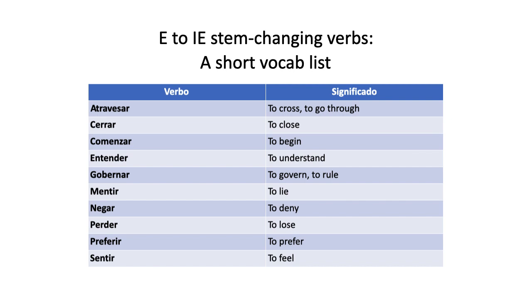Probably more important even than the specific rule for this group of stem changing verbs is your understanding that these verbs exist, okay? And that basically the way that they work is exactly the same as the other regular verbs except for those minor changes in the stem.